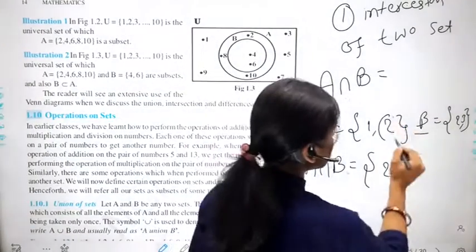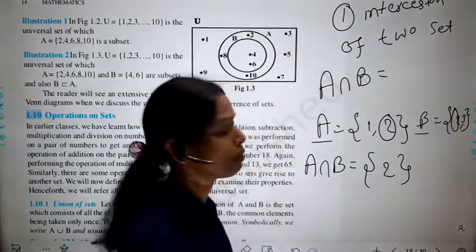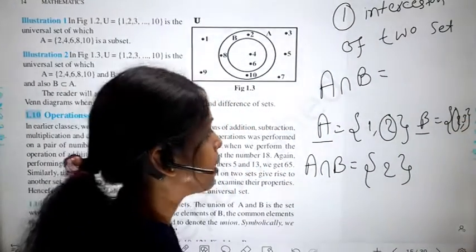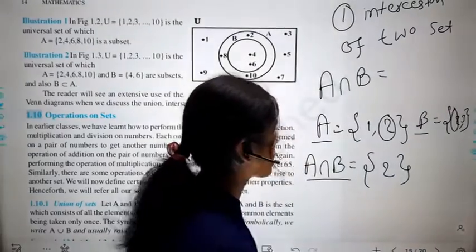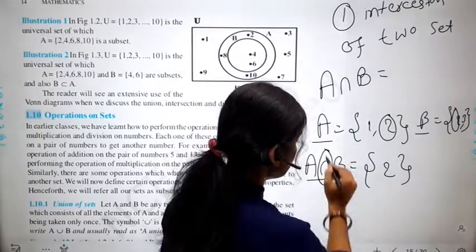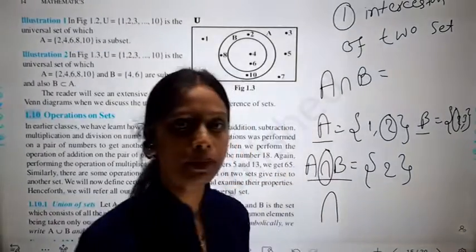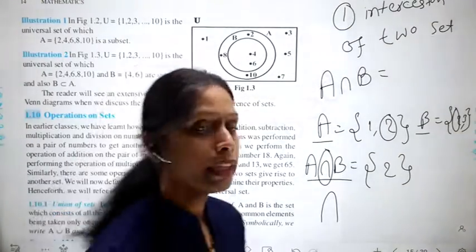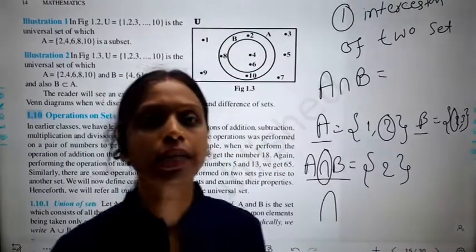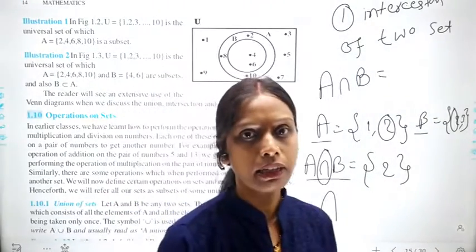Why? Because 2 is common in both sets. We denote an intersection with such a symbol. Then I think you have understood the concept of intersection.